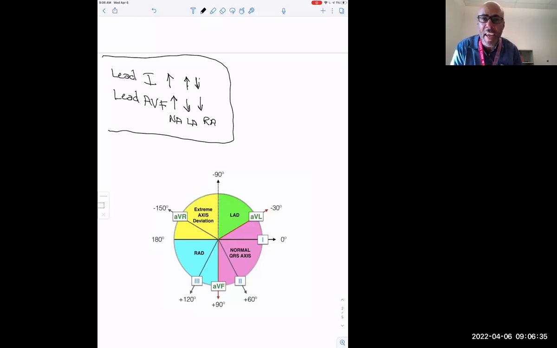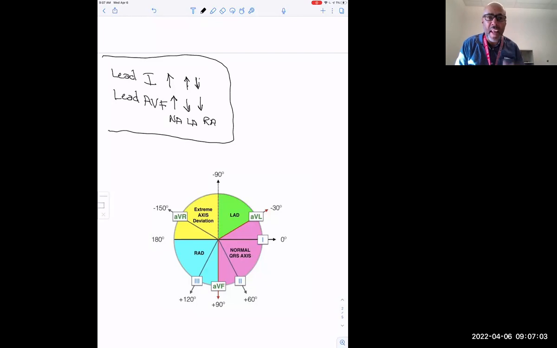If we have a positively deflected QRS in lead 1, but a negatively deflected QRS in lead AVF, we then have left axis deviation. And finally, if we have a negatively deflected QRS in lead 1 and a negatively deflected QRS in lead AVF, we have a right axis deviation.